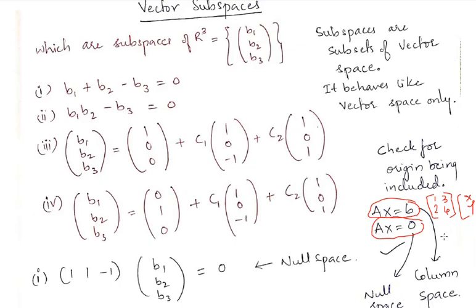That will be equal to b1, b2, or it is equal to 0. If it is equal to some value, then it is a column space. So A constitutes the column space. In this matrix A, 1, 2 is one column vector and 3, 4 is the second column vector.